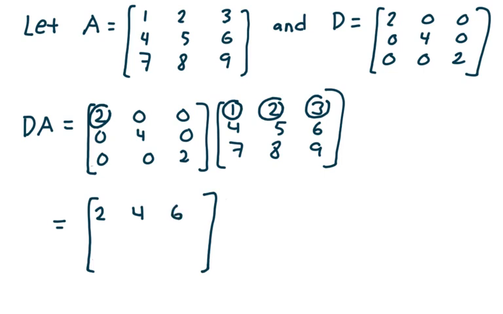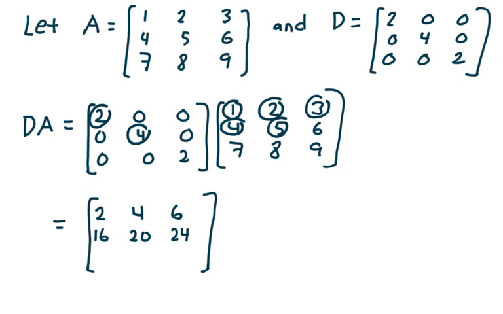What do I do next? To get the second row of D times A, I'm going to take 4 and multiply it by 4, 16. I'm going to take 4 and multiply it by 5, 20. I'm going to take 4, multiply by 6.